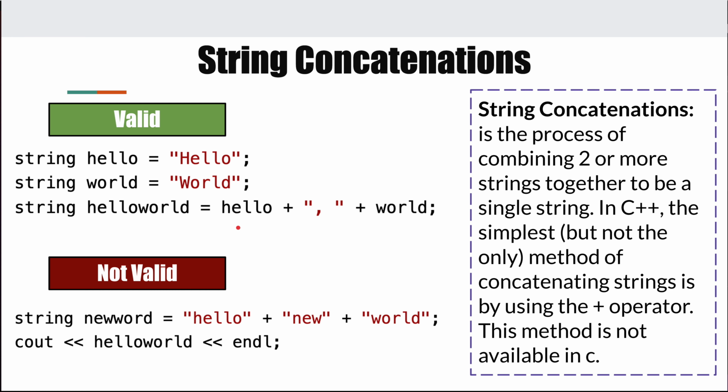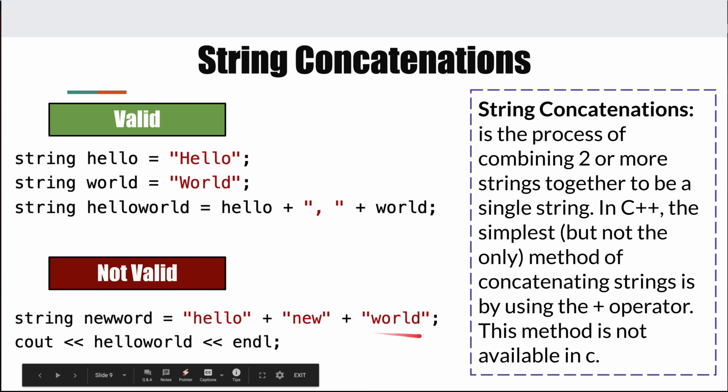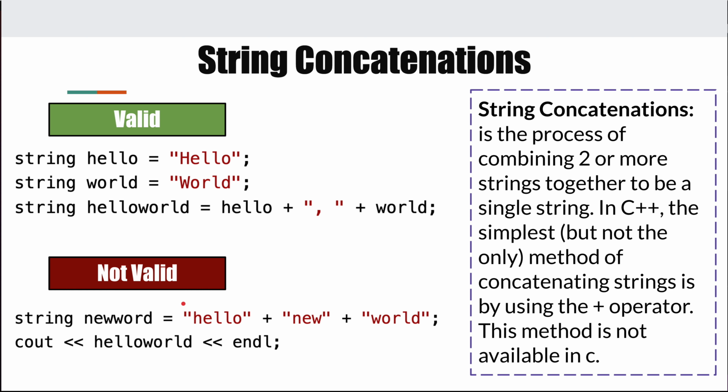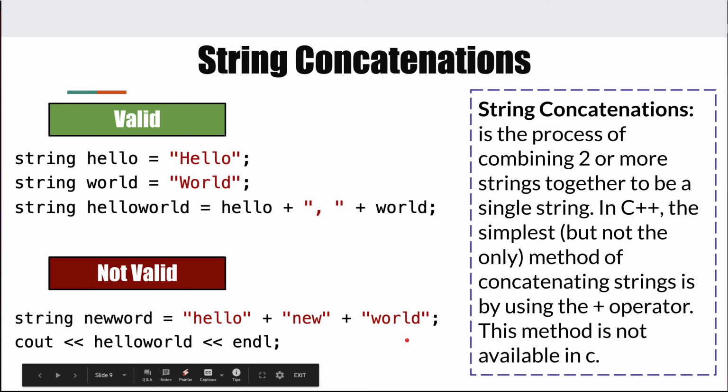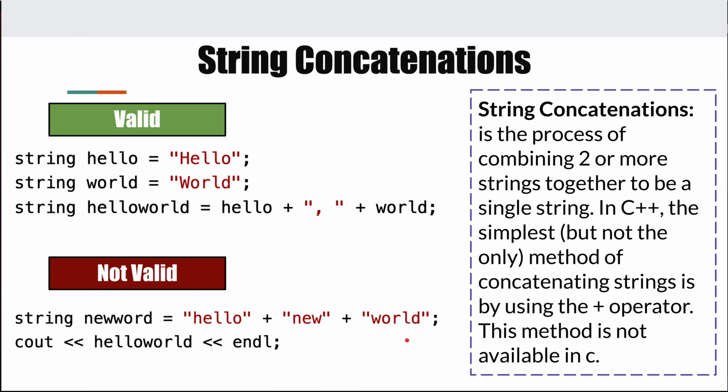The problem that's going to happen from this is when you try to only put string literals. That would make them only C style strings, excuse me. C style strings do not support this version of concatenation. You have to use specific methods to concatenate strings in C style strings.